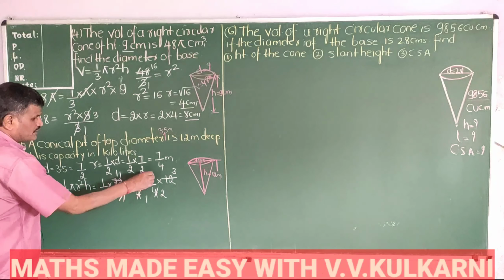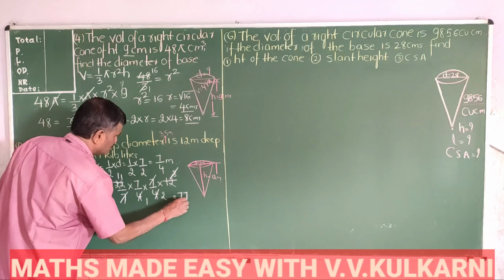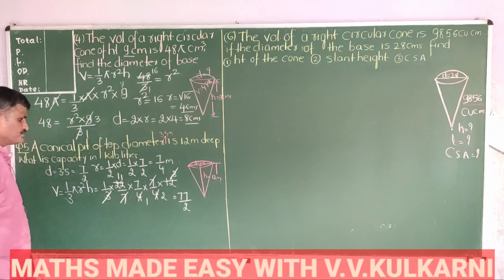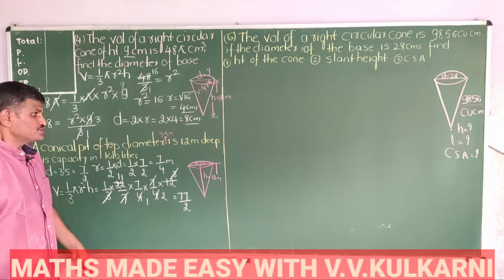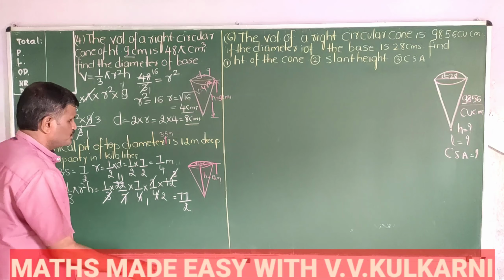Again you see 3 is here and 3 can be cancelled here. So what we get here is 77 by 2. So that is equal to 77 by 2 cubic meters, and that is equal to 38.5 cubic meters.